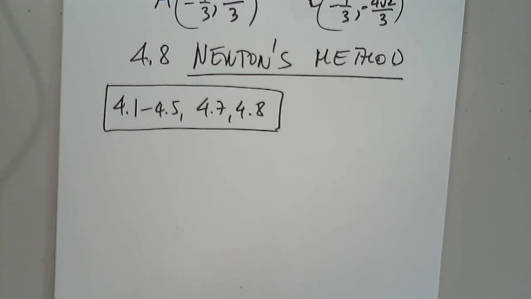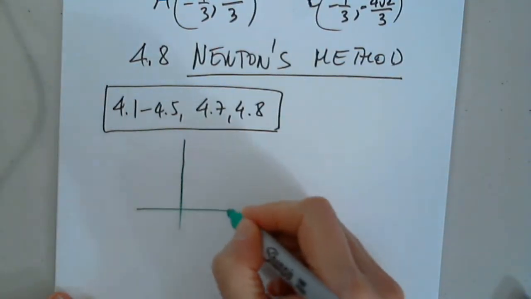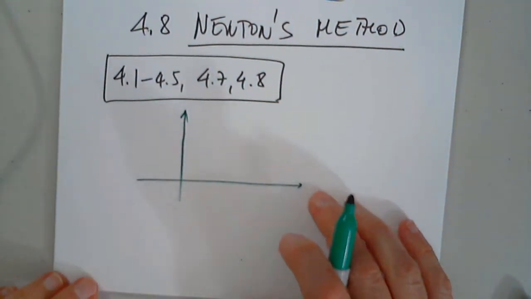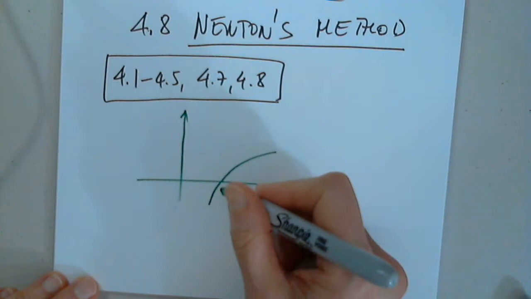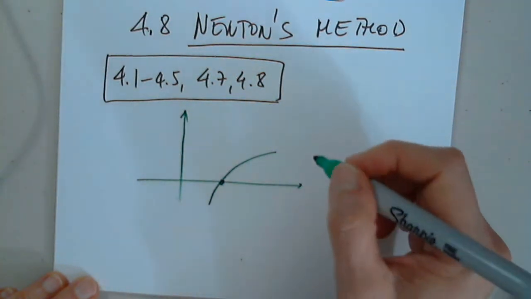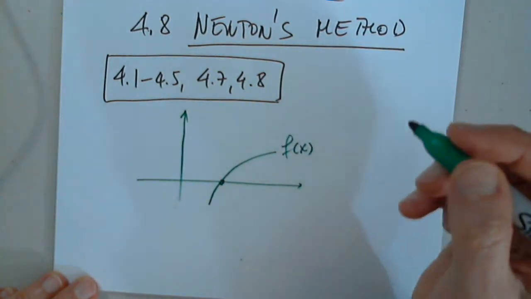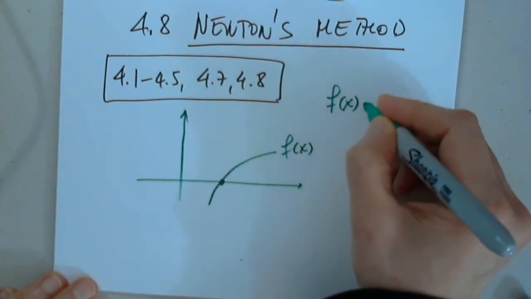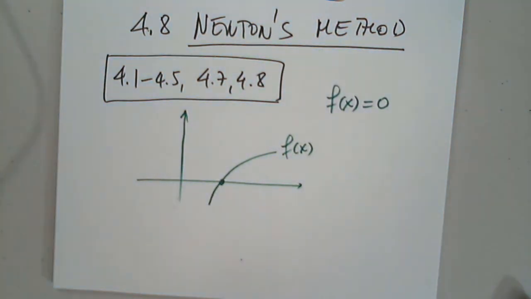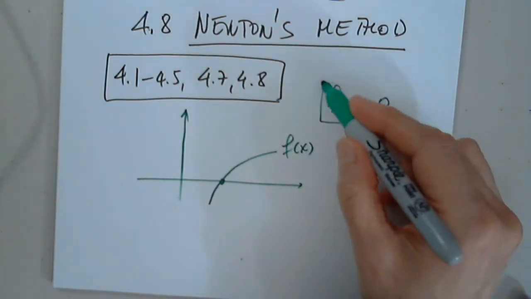So here is a function, and obviously it crosses the x-axis. So this is f of x. I want to be able to solve the equation f of x equals 0. So this is what I'm trying to do.